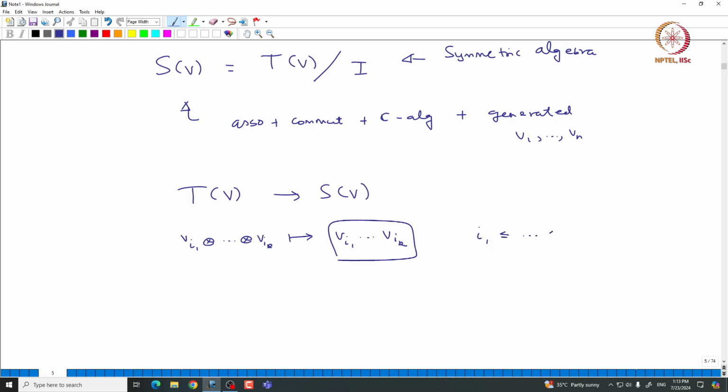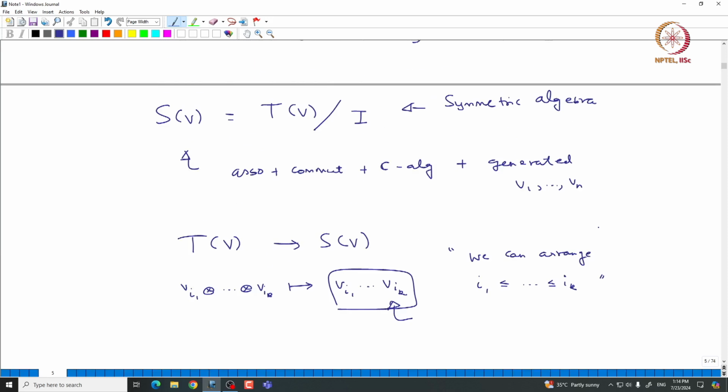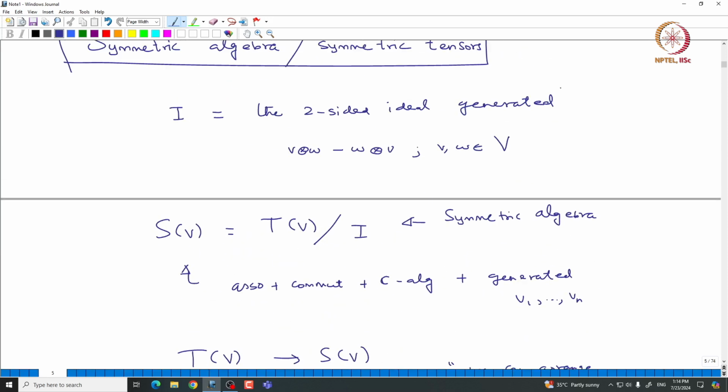So, we can simply arrange it as I1 less than or equal to etc. ik. Okay. So, that is what we can do here in the symmetric algebra.